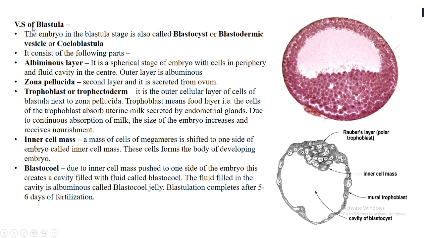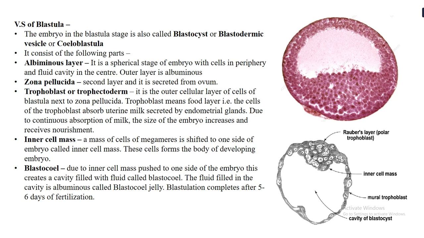The next one is VS of blastula. Now the embryo in the blastula stage is known as blastocyst or blastodermic vesicle, and another name for this is coeloblastula. It consists of certain parts. The first part is the albuminous layer.